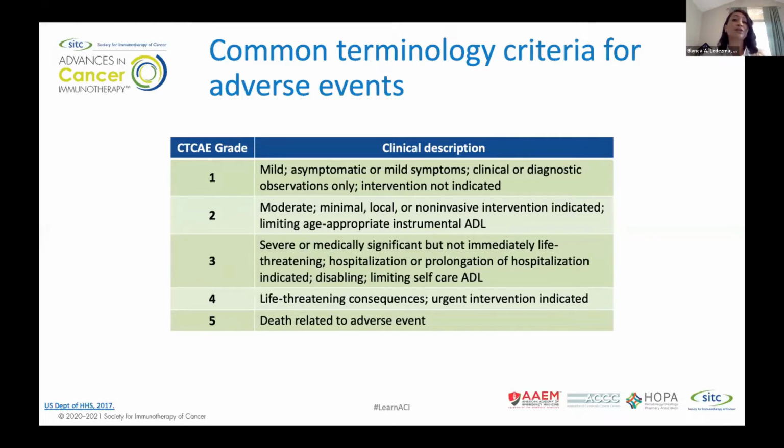We want to do the proper intervention so that they do as well as possible for as long as possible and don't have any harsher or more prolonged IRAEs. As we see here, grade 1 is very mild, grade 2 is moderate, grade 3 is more severe, perhaps the patient is in the hospital, definitely affecting ADLs, grade 4 is life-threatening, definitely hospitalized, and grade 5 is death.